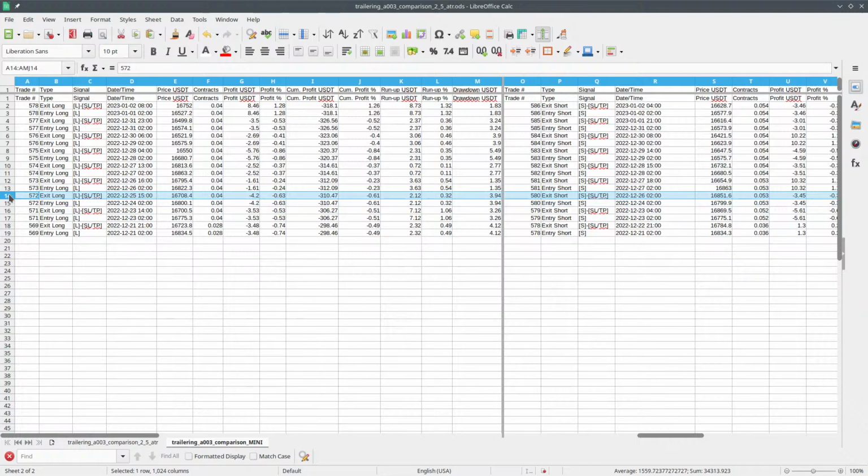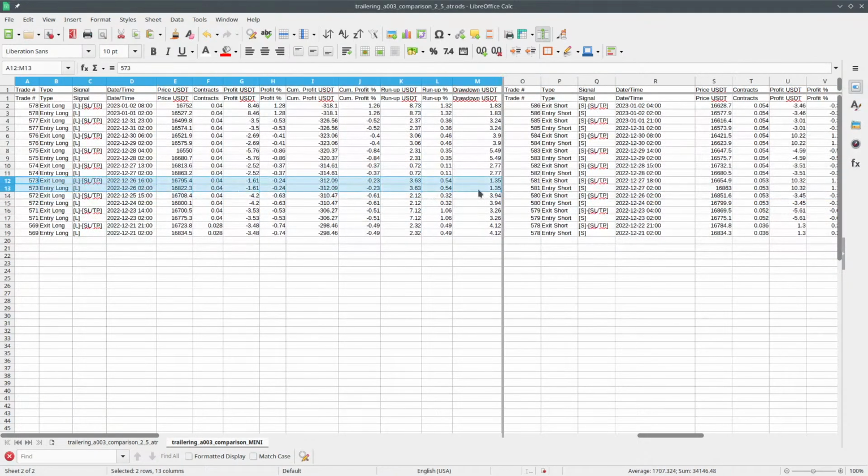So this one and this one here is a different date. Why is that? Because one of these takes longer, which is this one here. So that means that this trade here should not be here, if I'm not mistaken.